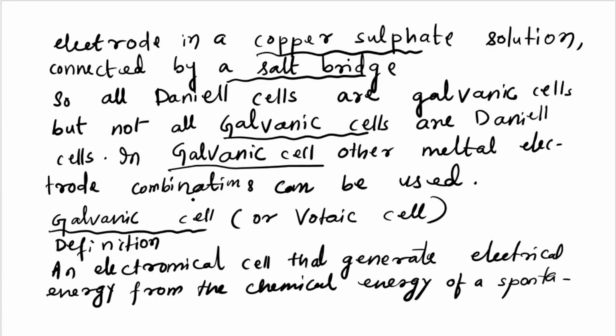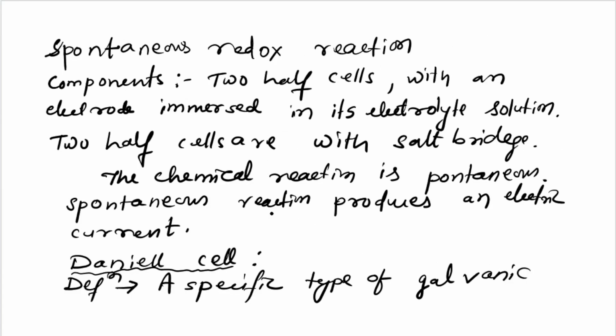And then come to the galvanic or voltaic cell. What is the definition here? An electrochemical cell which produces electrical energy from chemical energy, and the reaction is a spontaneous redox reaction. So here the galvanic cell should produce electrical energy.